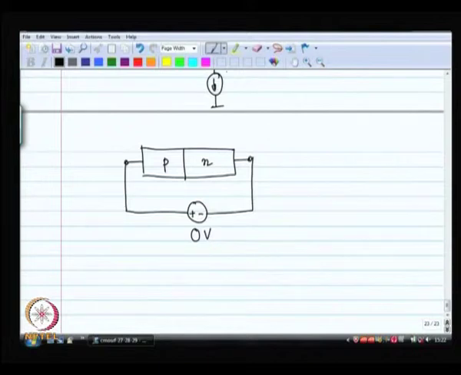Even in that situation, some free electrons from the n side are going to diffuse across the junction and fall into the holes that are there on the p side.